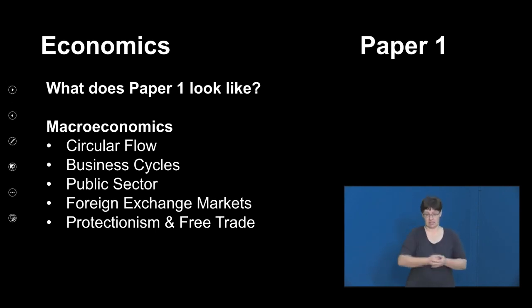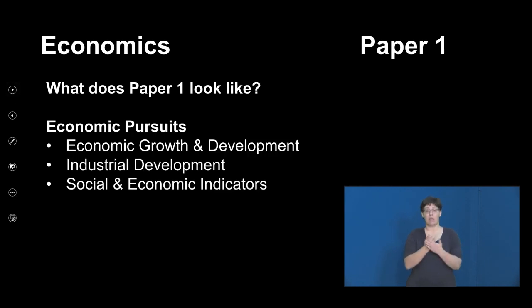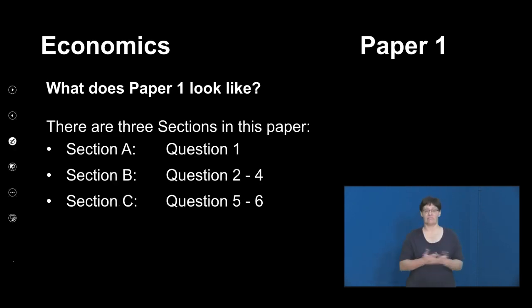Economic pursuits has economic growth and development, industrial development, and social and economic indicators. There are 3 sections in this paper. Section A is question 1, section B is questions 2 to 4, and section C is questions 5 to 6.